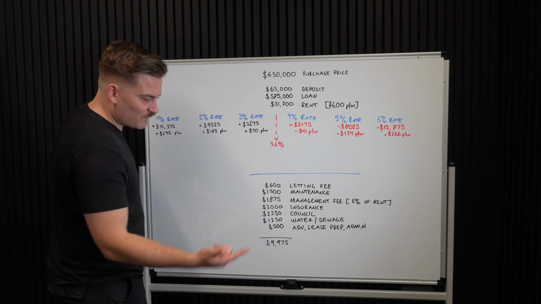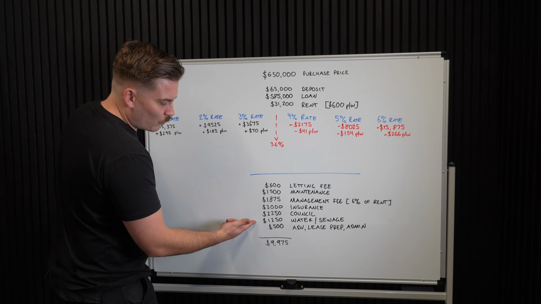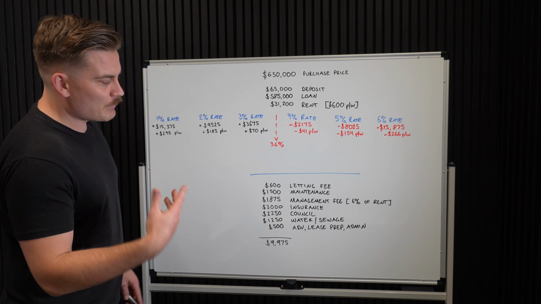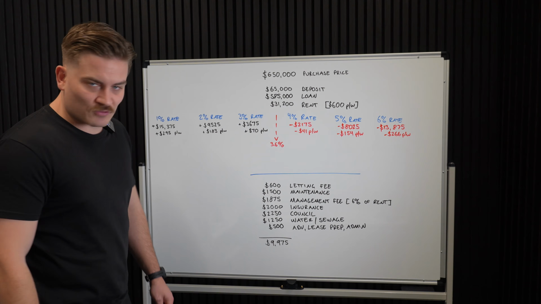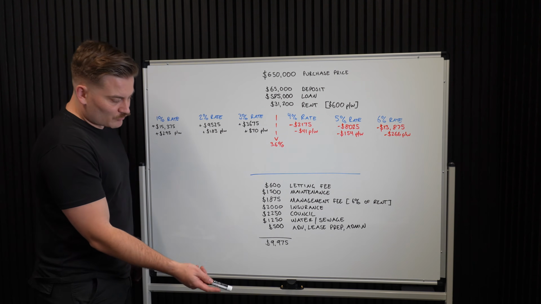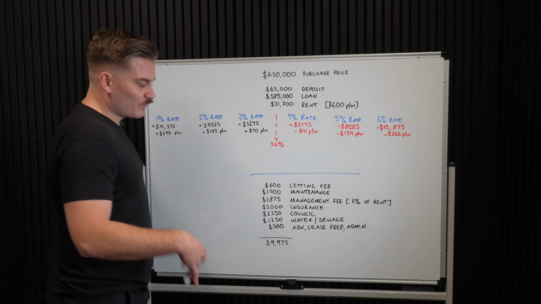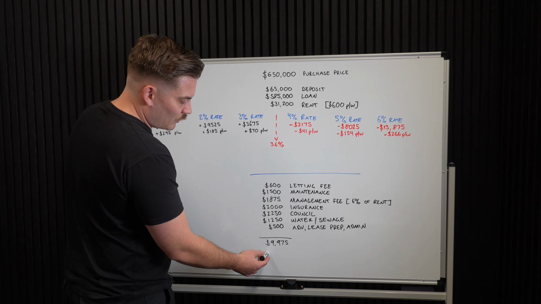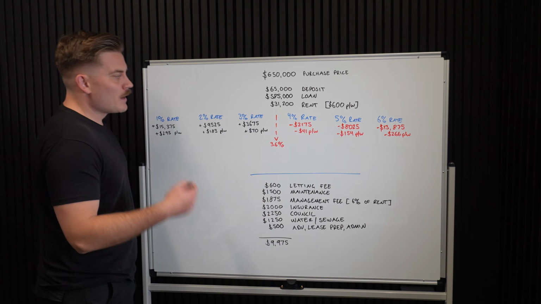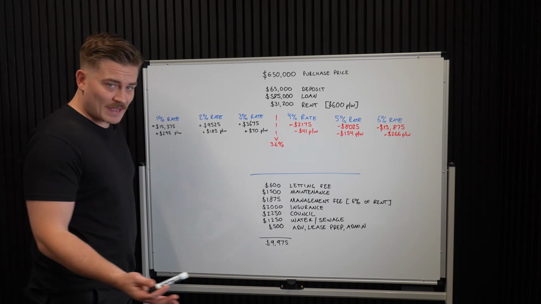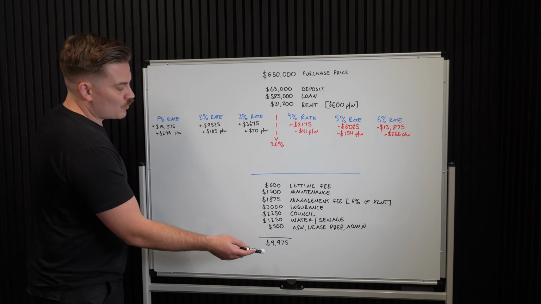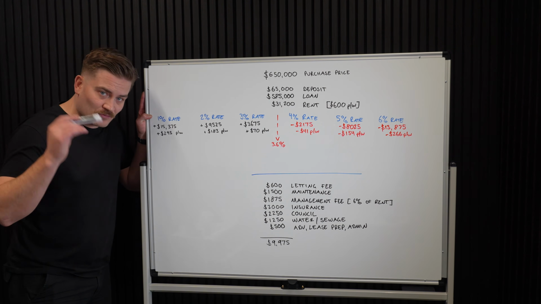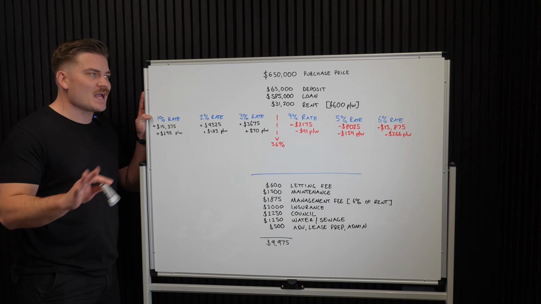I'm putting in $2,250 for council rates, some water and sewage usage, and then some advertising, leasing, and lease admin costs in there, totaling $500. So all up in terms of costs on paper, that property is costing me $9,975 plus also the interest I pay back to the bank.